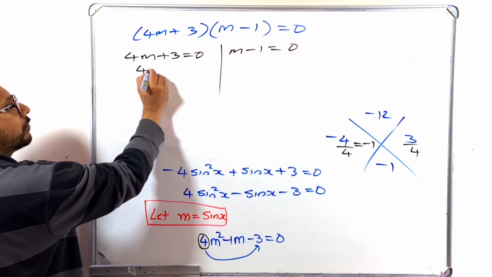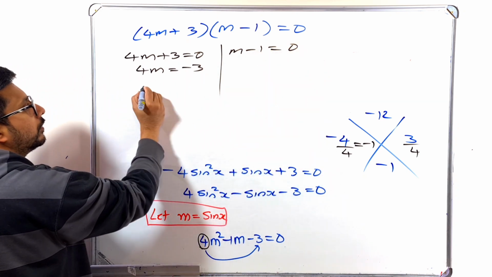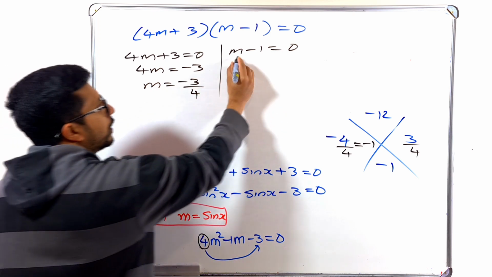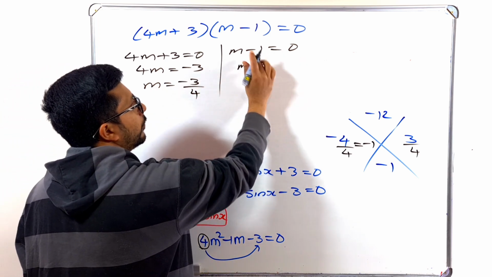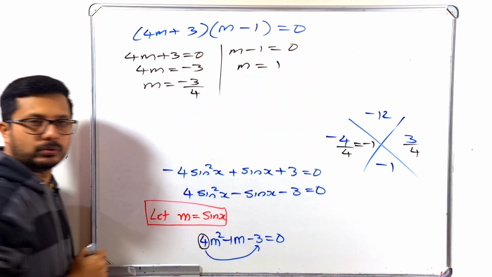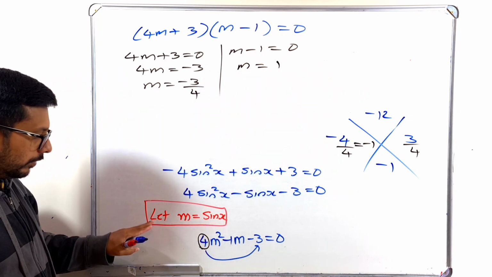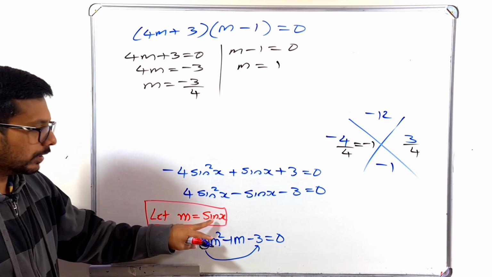So 4m is minus 3, and m is minus 3 over 4. m minus 1 is equal to 0, take this to the other side, so m is equal to 1. Actually, what is our m? We gave that m is sin x.